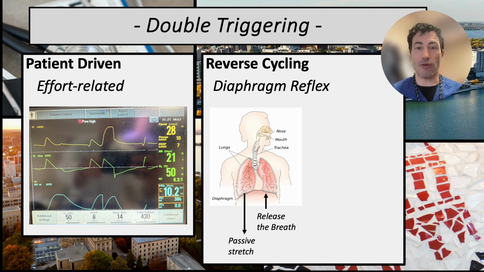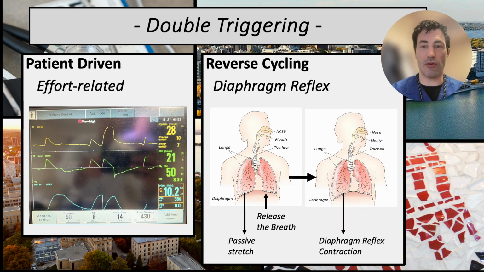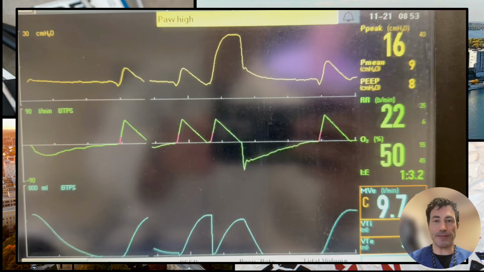It contracts in a reflex way, and what the ventilator sees is that you're trying to breathe. It sees diaphragm flexion as breath. So while the patient might not be doing it, the ventilator doesn't know that or not, and the diaphragm then reflexively contracts. It looks like a breath, but it's not, and that's called reverse cycling.